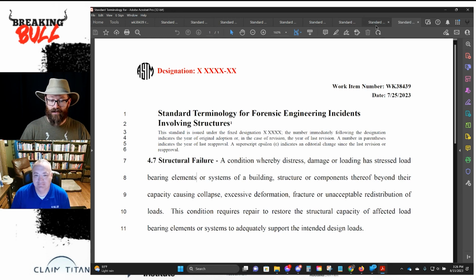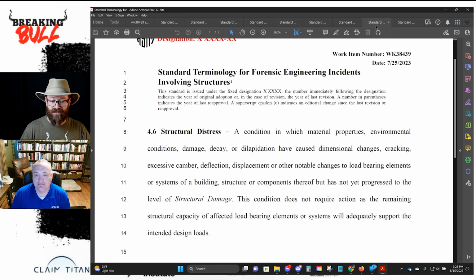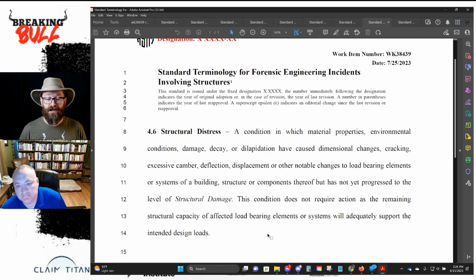Let's go now to the definition of structural distress. And this is the one that I think is going to be used the most. A condition in which material properties, environmental conditions, damage, decay, or dilapidation have caused dimensional changes, cracking, excessive camber, just like bowing, deflection, displacement, or other notable changes to load-bearing elements or systems of a building, structure, or components thereof, but has not yet progressed to the level of structural damage.